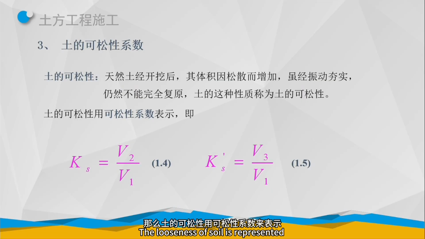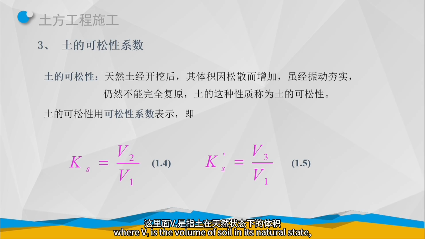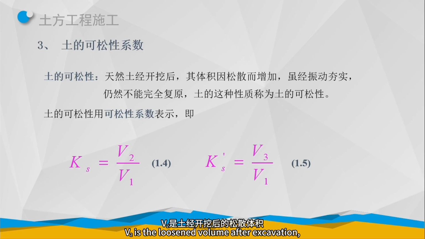The looseness of soil is represented by the looseness coefficient, expressed as K_s equals V2 divided by V1, K_s' equals V3 divided by V1, where V1 is the volume of soil in its natural state, V2 is the loosened volume after excavation, and V3 is the volume after backfilling and compaction.